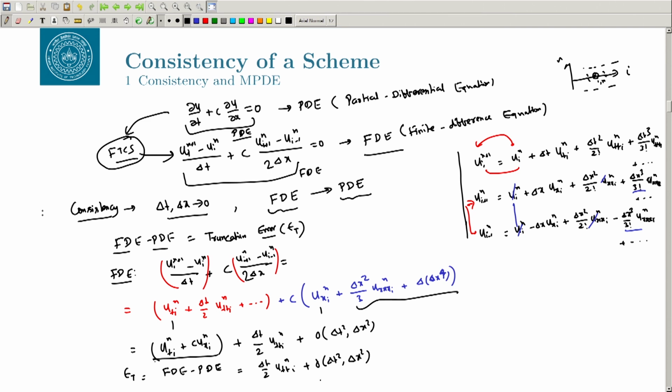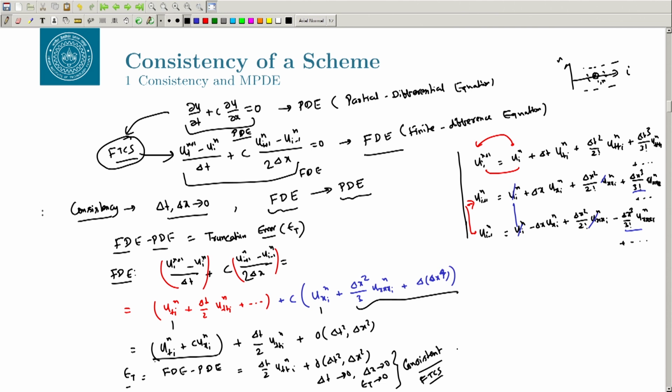And as delta t goes to 0 and delta x goes to 0, this epsilon_T goes to 0. That means this equation is consistent, so your FTCS scheme is consistent.